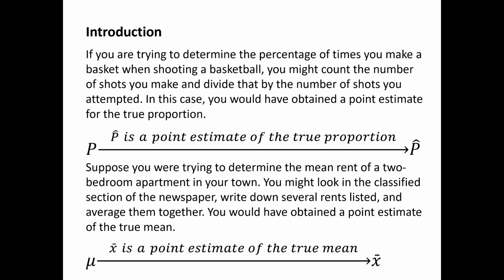So when you calculate the average of the sample, you calculated X bar, and X bar is a point estimate of the true population mean of 2-bedroom apartment rent. So P hat is the proportion of a sample. X bar is the mean of a sample.